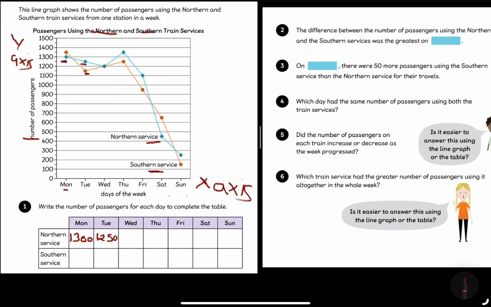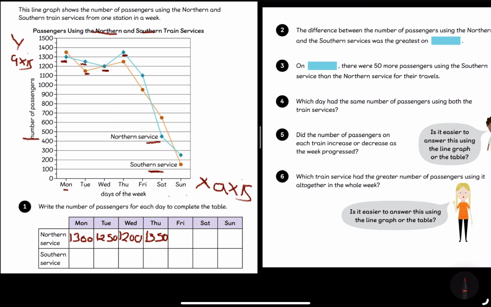Let's tick again and avoid confusion. For Wednesday, I have the mark on 1200. I am still on northern service, so I'll only concentrate on the blue marks. Now comes Thursday. On Thursday, my mark is between 1300 and 1400, therefore that is 1350, right?